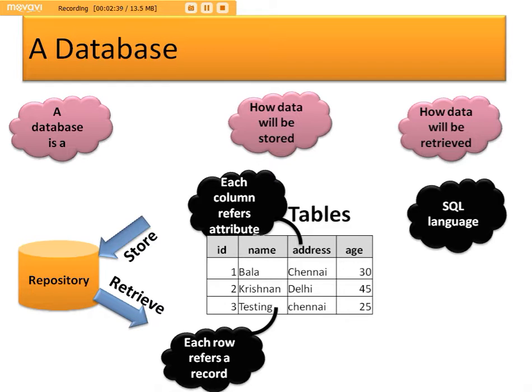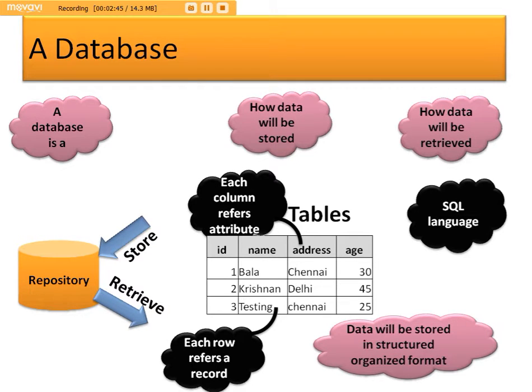It's one of the query languages commonly used to retrieve the data from the database. Normally, if you take the first record, name, address and age will be stored in an organized format. The data retrieval process also will be in the same organized format.